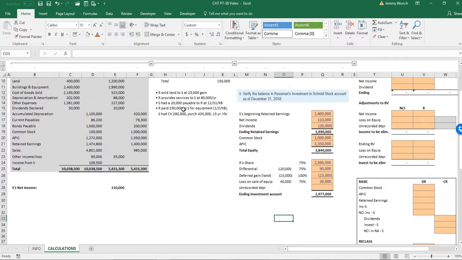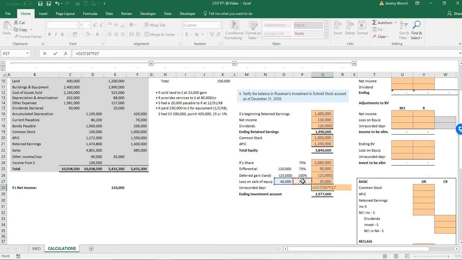So anyway, what happened was we sold equipment that had a carrying value of $290,000, and the parent now has it on its books at $250,000. So that means we're not depreciating enough. What's being depreciated now is on a basis of $250,000, but it should have been depreciated on a basis of $290,000. So we need to take that difference, which is that $40,000, divide it by the remaining years, which is 10, and then multiply it times our percentage.